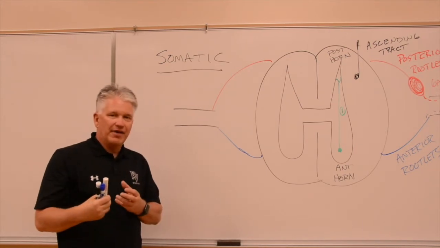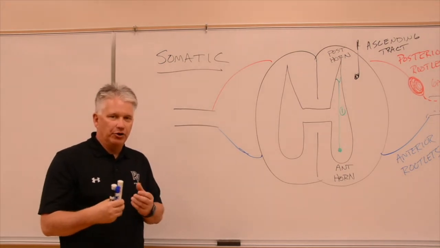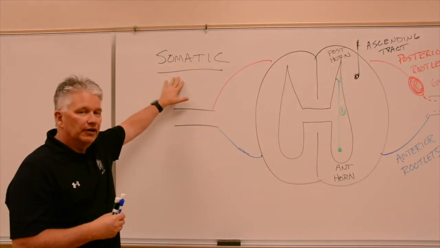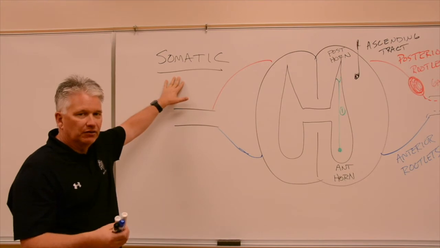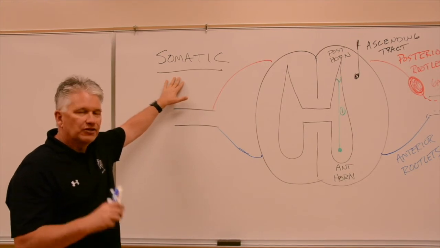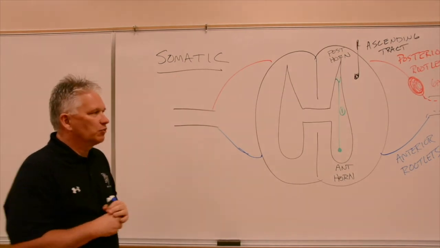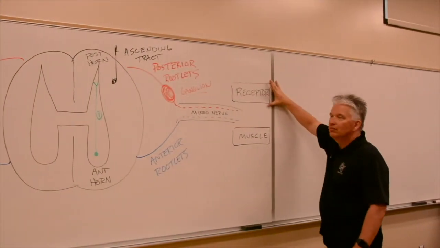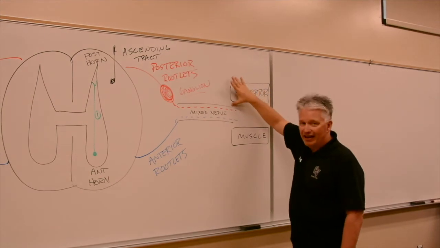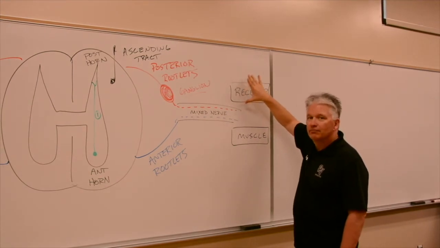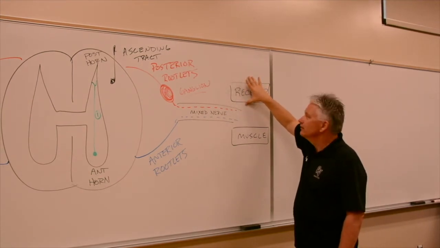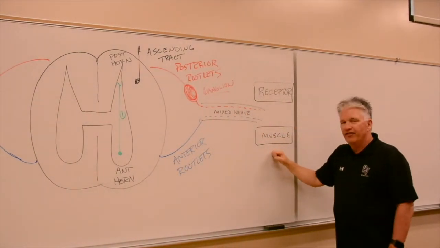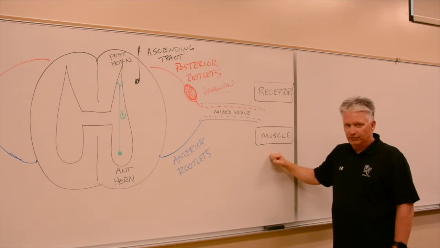All of that is somatic sensory, somatic input. Remember, somatic motor is skeletal muscle, voluntary muscle. So when we talk about a somatic reflex, what we're saying is sensory information coming in from a somatic source, skin, muscle, tendon, joint, creating a reflex that is going to activate skeletal muscle.